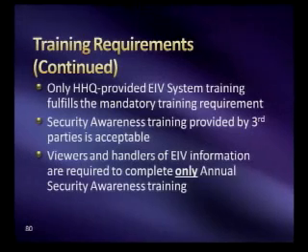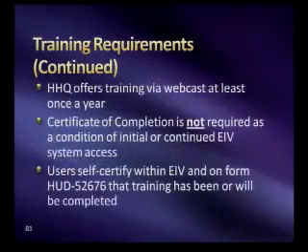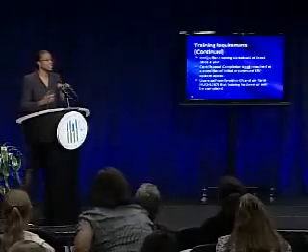Viewers and handlers of your EIVs, printed or electronic reports, must have annual security awareness training. And then, of course, HUD offers these trainings via webcast. We now also do trainings so that PHAs are more than welcome to come in and interact with HUD directly. We facilitate that at least once a year, and on average, we do about 2 a year.